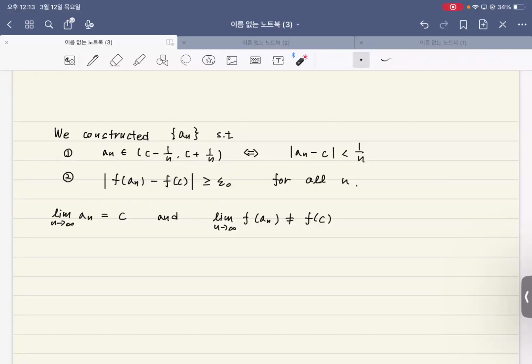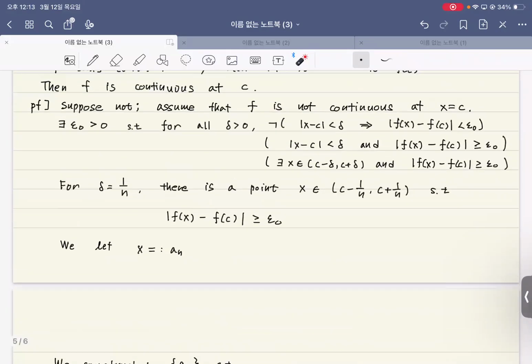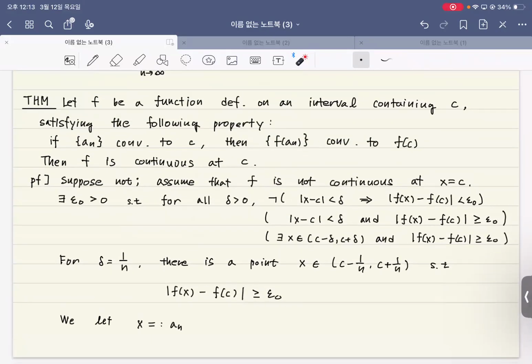Because of condition number 2, the composed sequence f(a_n) can never get close to f(c) by this much. So this can never converge to f(c), and this is clearly a violation of the hypothesis. What hypothesis?